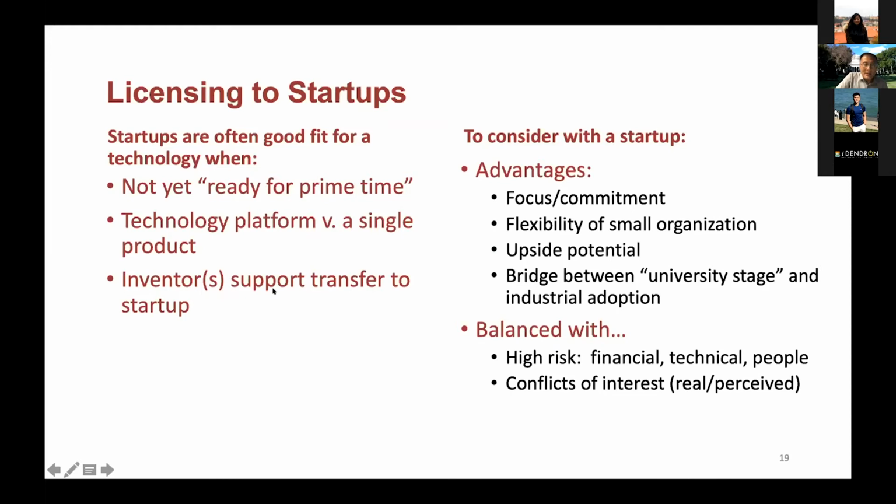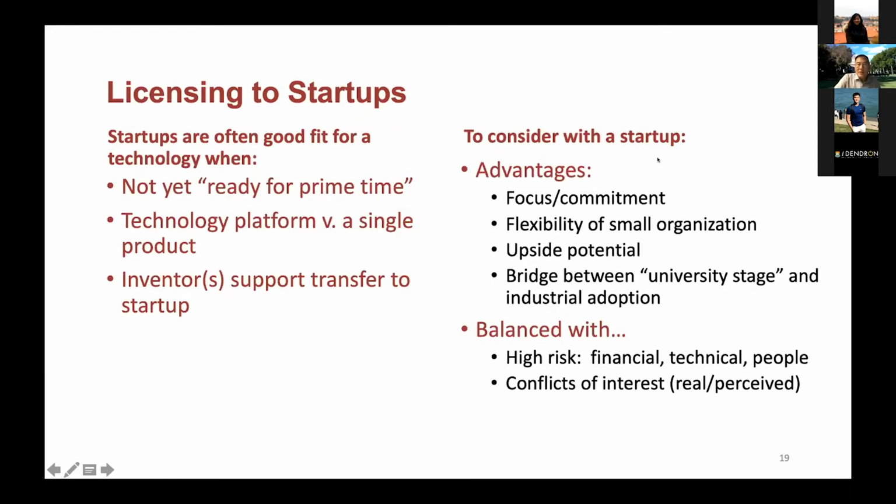And the inventors support the transfer to the startup. This is also very important. That's why most exclusive license agreements went to startups initiated by PIs and the PIs themselves.